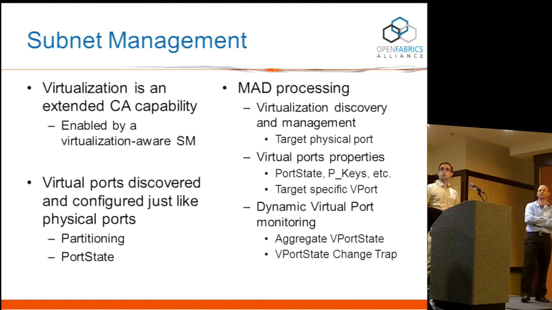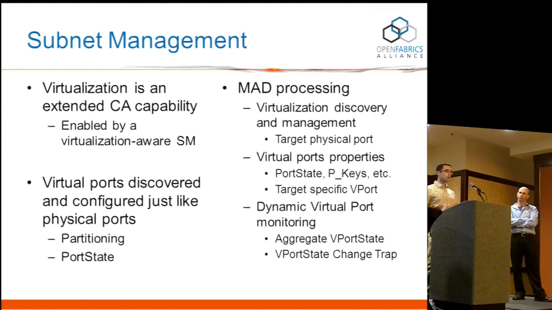Subnet Manager in turn should query for this capability and enable virtualization on the physical ports. Actually, there's a main difference between physical ports and virtual ports in that virtual ports are very dynamic in nature. They come and go more frequently than physical ports.